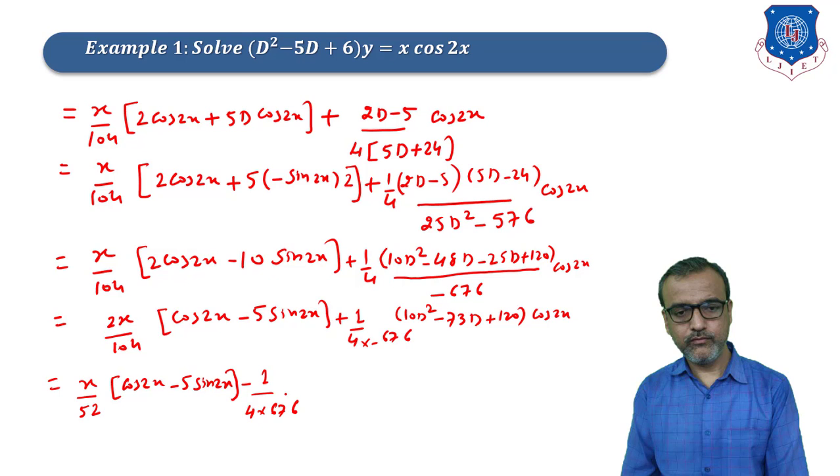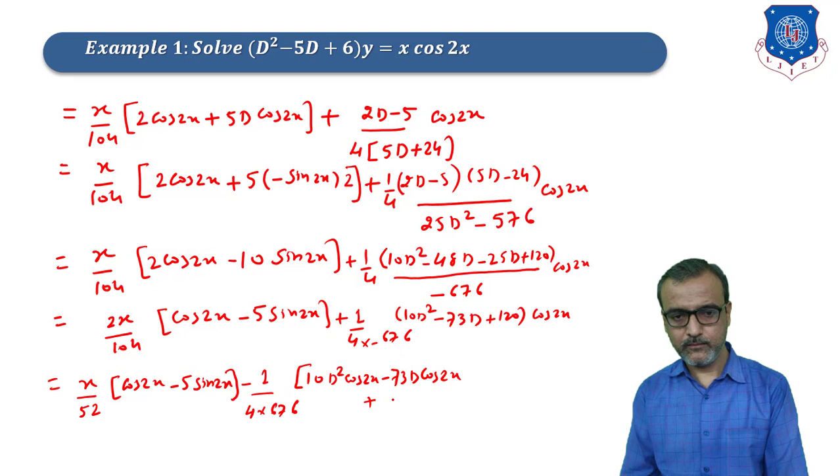Then after multiplying this plus sign by minus sign, so minus 1 over 4 into 676. Now we will apply this operator on cosine of 2x. So into bracket 10d square of cosine of 2x minus 73d of cosine of 2x plus 120 cos 2x.